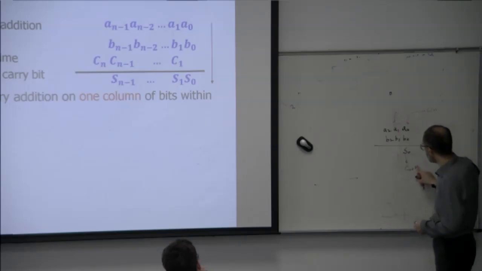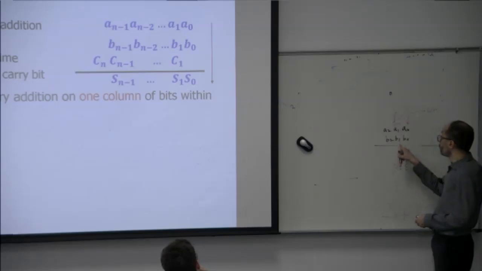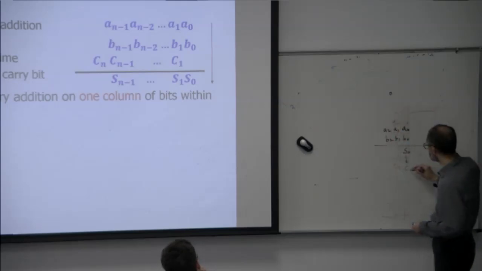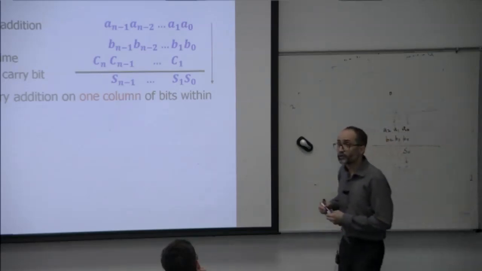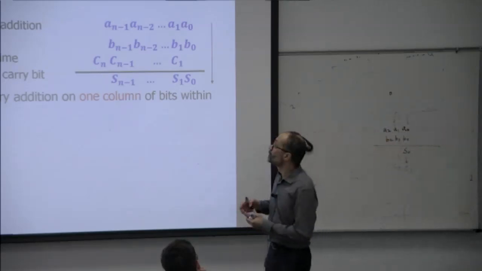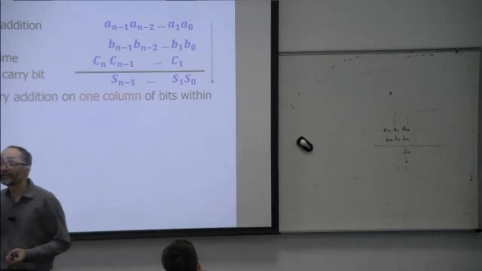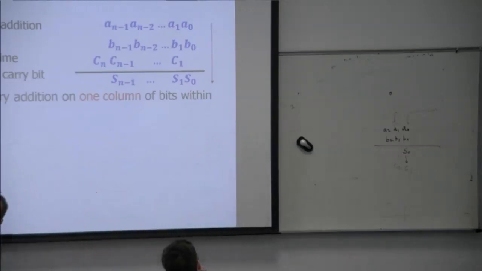So this is C1, and now this is C2. C2 is the output from this stage and the input to the next stage. So this is C0, this is C1, this is C2, and so on. Got it? So we need a full adder. In the full adder, we consider not only A and B but also the C in from the previous stage.